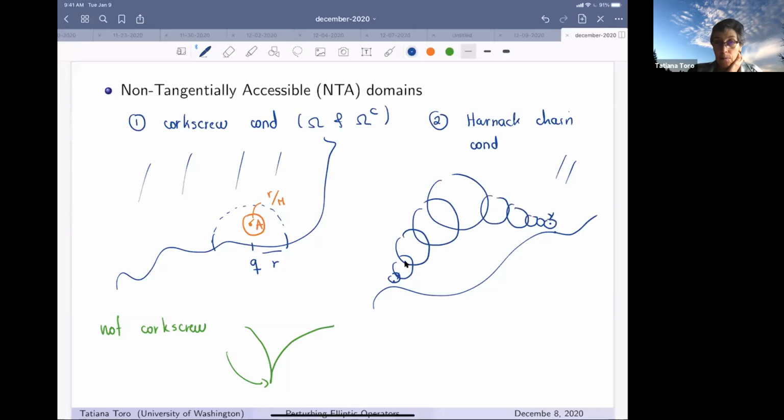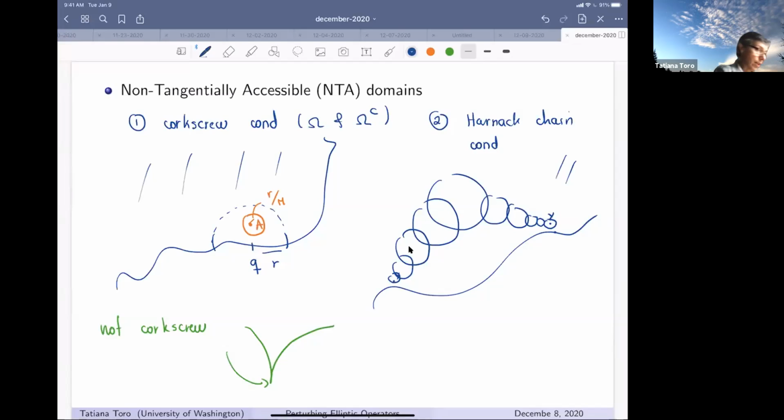The distance between the ball and the boundary is always comparable to the radius of the ball, and there are not too many of these balls. The length of this chain depends on the ratio between the relative distance of these two points and their distance to the boundary. And if you think from a PDE point of view, why do you want this? Because this allows you to have the Harnack inequality in a controlled way.